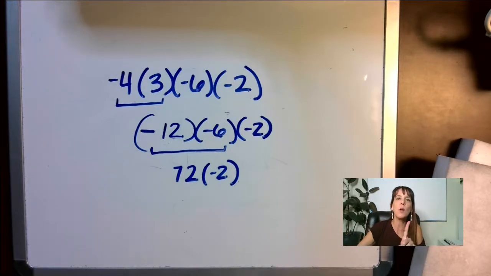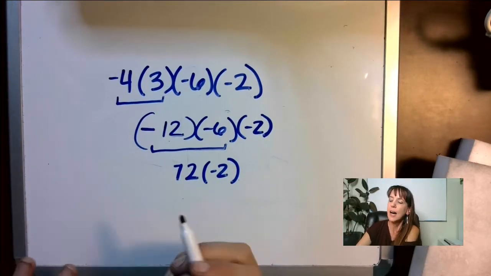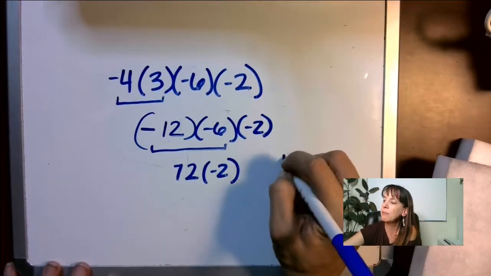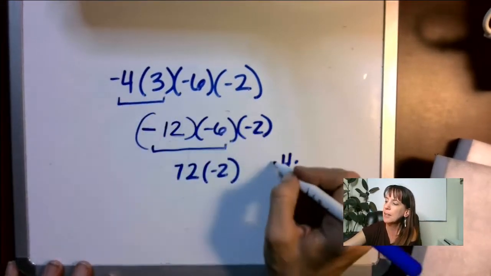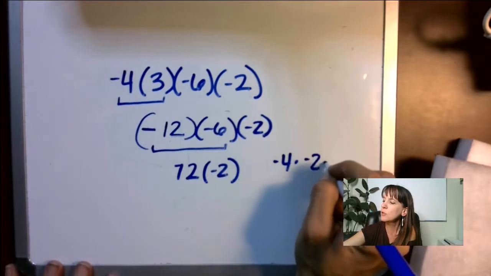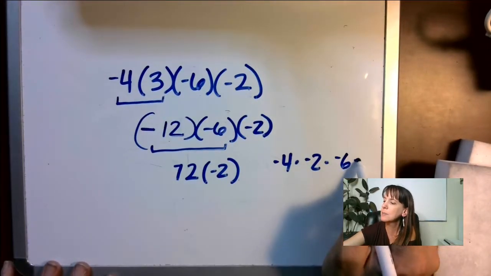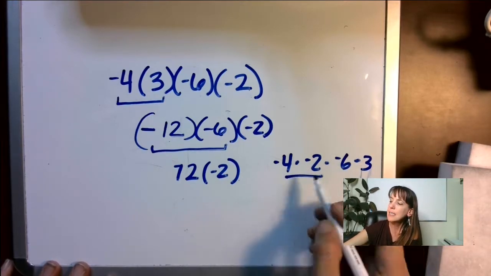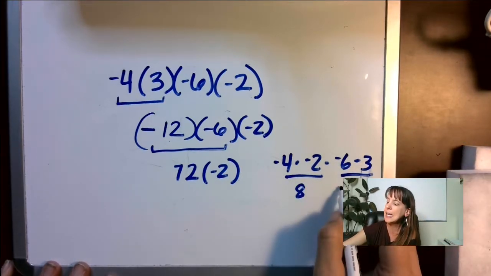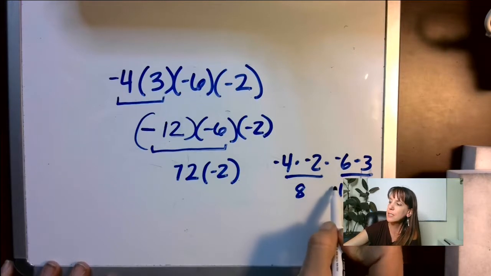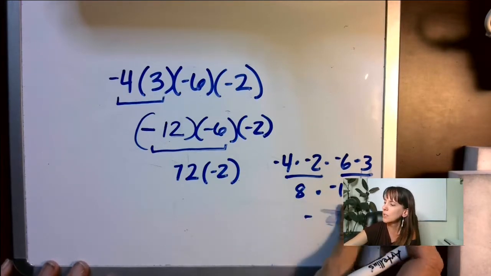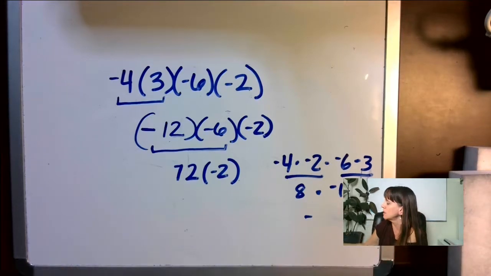The reason why I'm showing you this is because I can do it in a different order. If I did -4 times -2 times -6 times positive 3, say it this way: this is positive 8, this is -18. 8 times -18 gives me, oh no, math is hard.